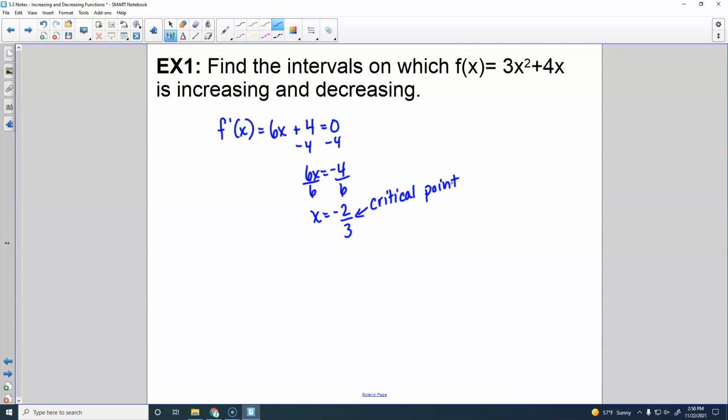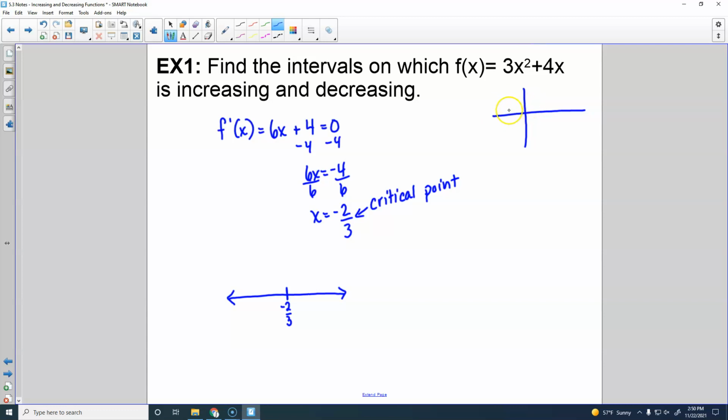So it's the only time it could possibly change, but sometimes it does not actually change from negative to positive. Sometimes it might be negative in both places. It might be positive to negative or negative to positive. Right. So you've got sort of two options of what can happen right here. So I know that my derivative equals 0 here.